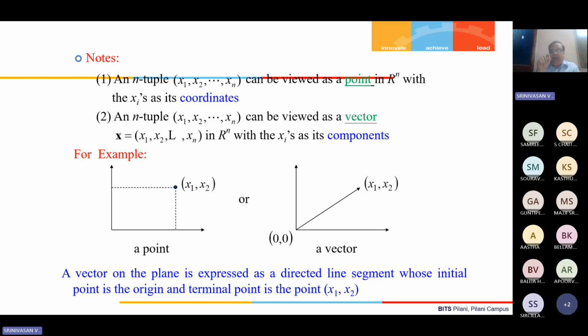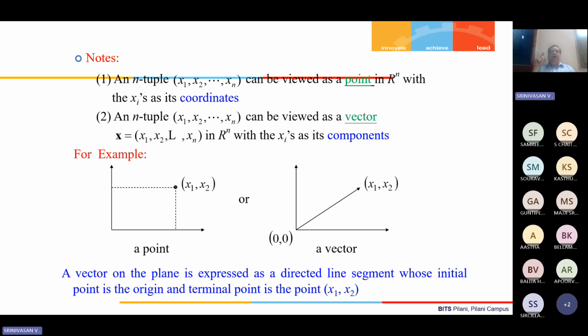When you view x1, x2 as a point in R2, with reference to two axes, it's a point. So naturally, the n tuple x1, x2, ..., xn can be viewed as a point in Rn space with the x's as its coordinates. And an n tuple can also be viewed as a vector.